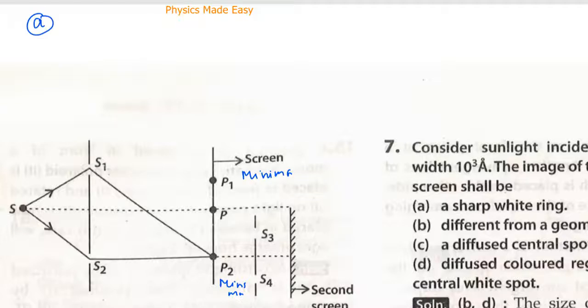In this case, I will call the slit width small a, and the width of this slit also small a. In the first case, I will take slit width much greater than lambda. In this case, only interference will take place.